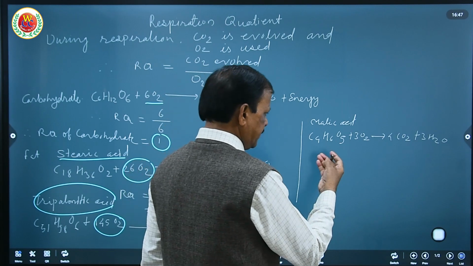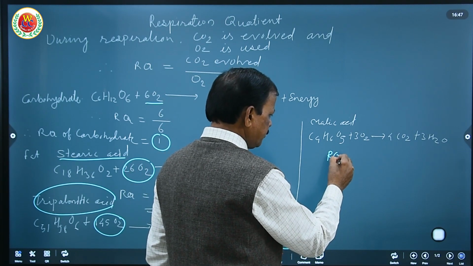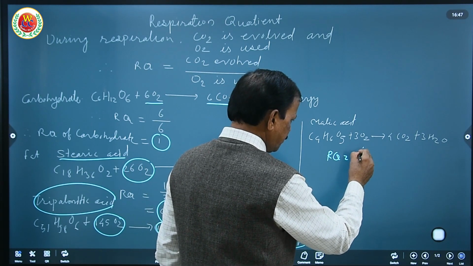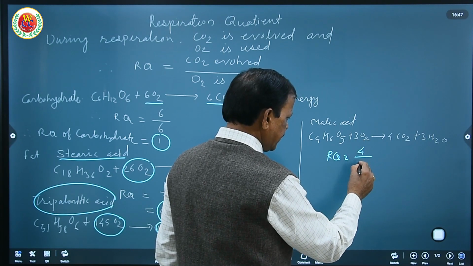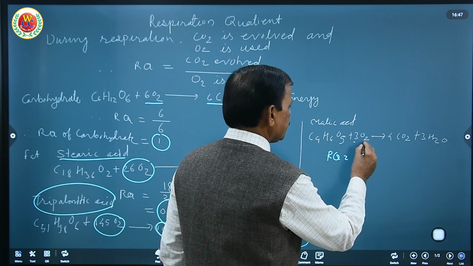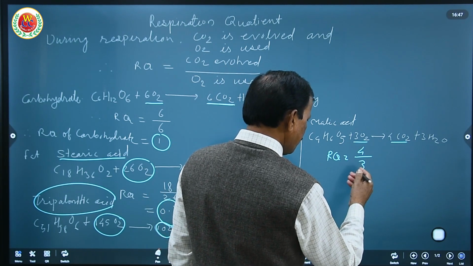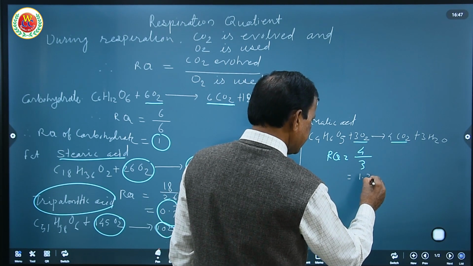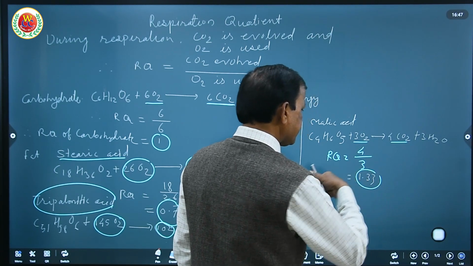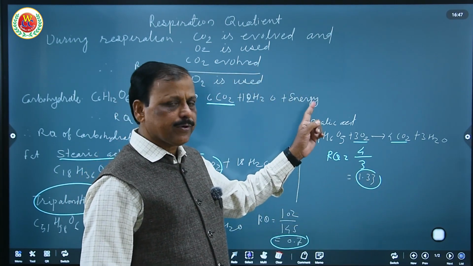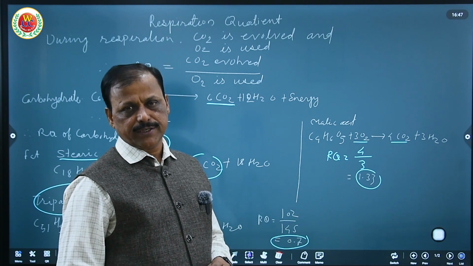In this equation, 4 molecules of carbon dioxide are released and 3 molecules of oxygen are used, and therefore it comes more than 1, that is 1.33. So you can understand that the RQ of every organic acid is more than 1.